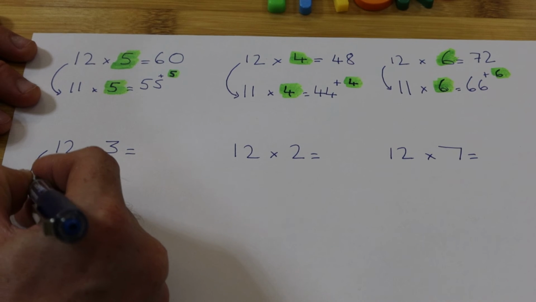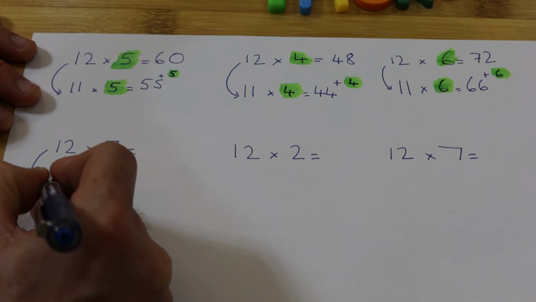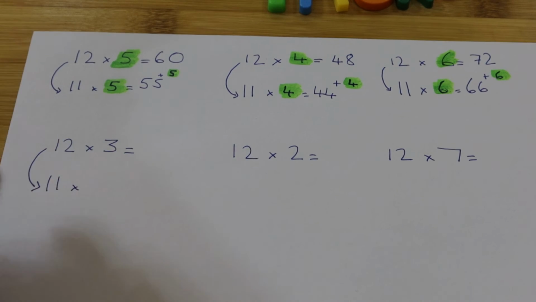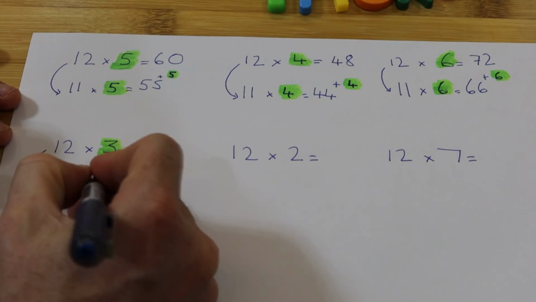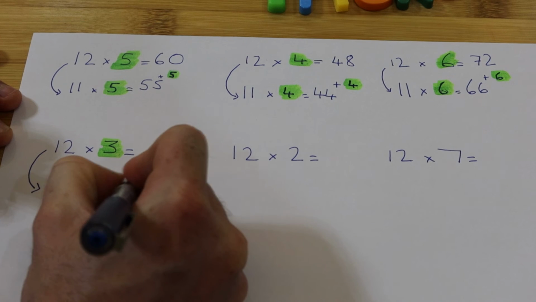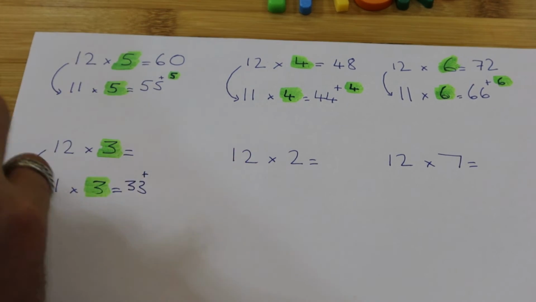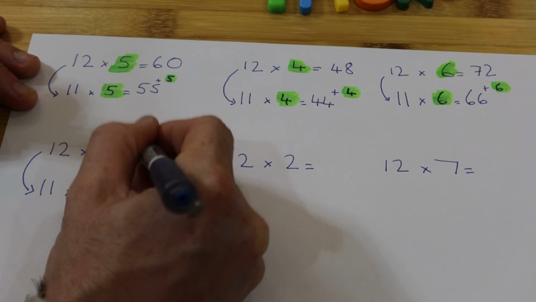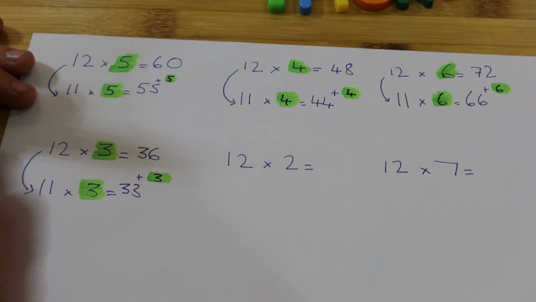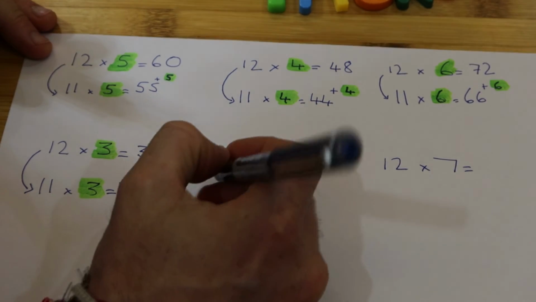Okay, let's do a few more. Again, the more you see, the easier it will be. We're going to do 11 times by, and we're multiplying by 3 here. So 11 times 3 equals 33. Plus, we're going to add the 3. So it's 36. And we've only got 2 more now. So 12 times 2.